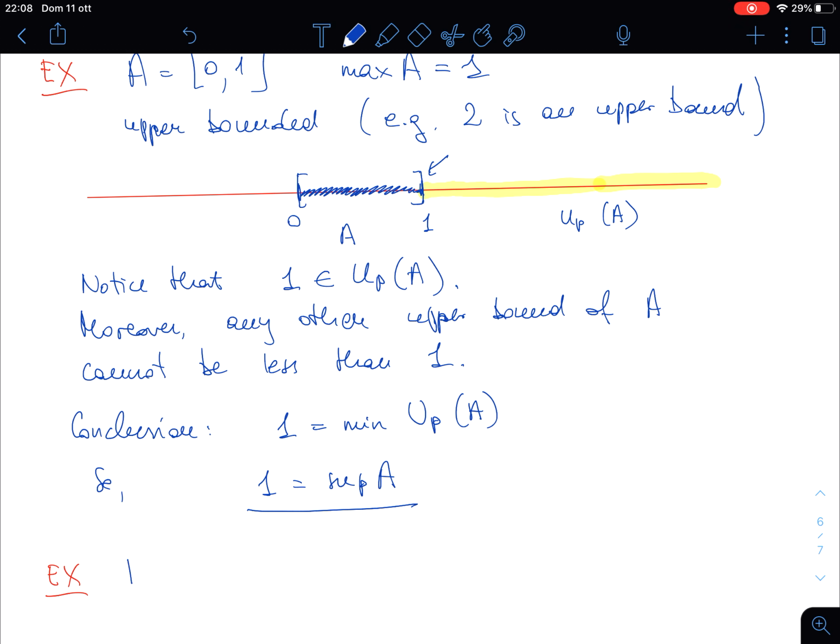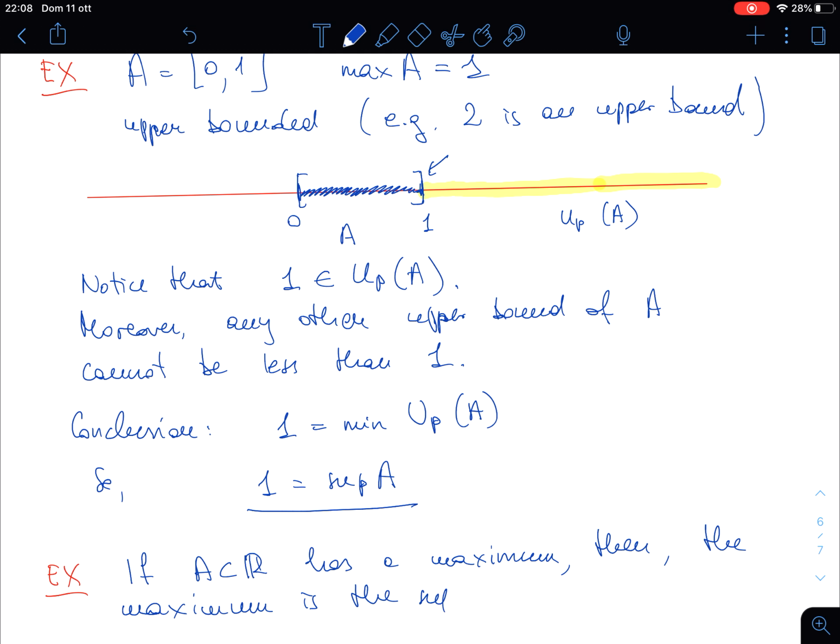If a subset of R, A, has a maximum, then the maximum is the supremum too.